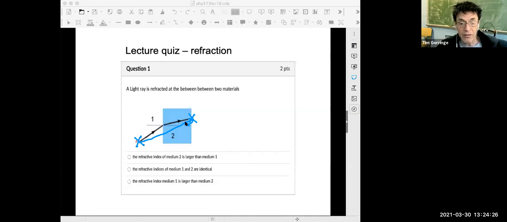So it's advantageous for you to travel further on the sand and less far in the water. So you would run along the sand, taking a little extra trip along the sand to cut down your journey in the water. That's because you go faster on the sand than you go in the water.